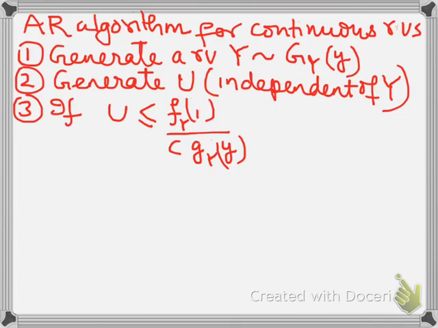sorry, this should be lowercase. Whatever you have realized, that's what you put in here. So when you generate from this Y, it's like some Y equal to y, say.